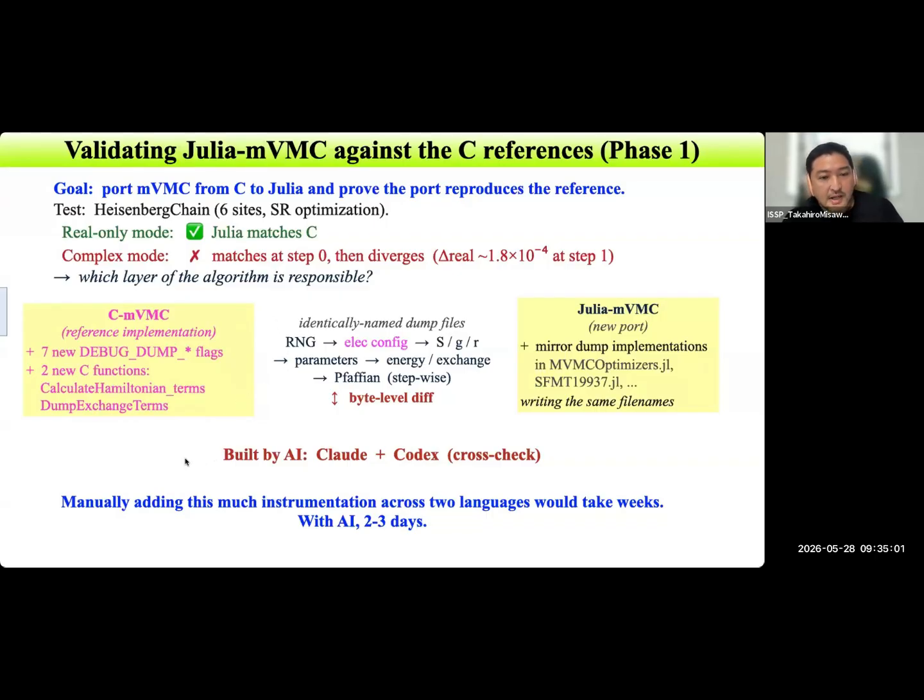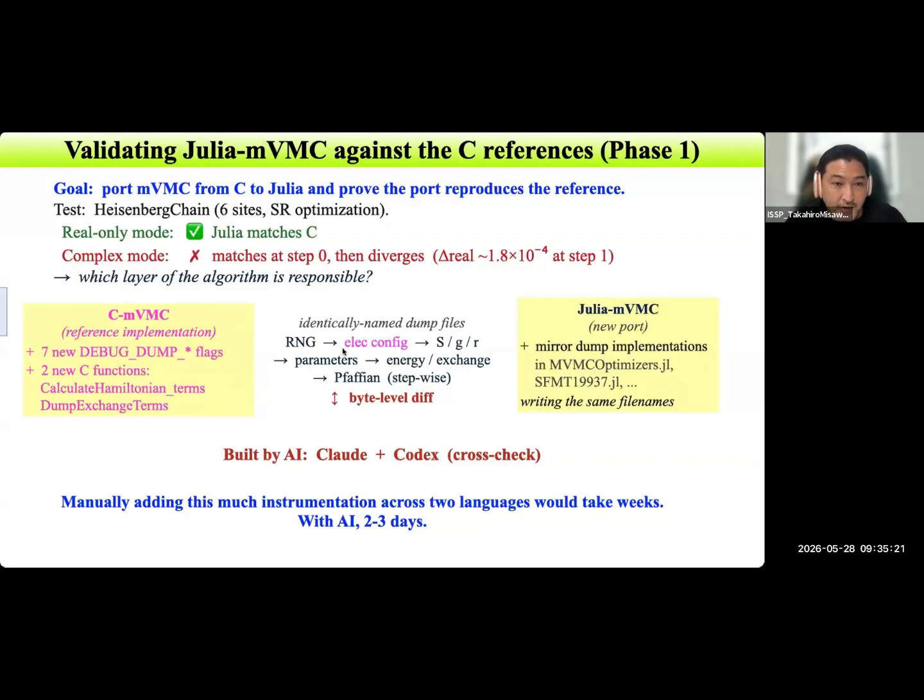To check that, I asked the AI, please compare the results of C mVMC and Julia mVMC. In that procedure, AI did much more. First, AI compares the random number sequence.